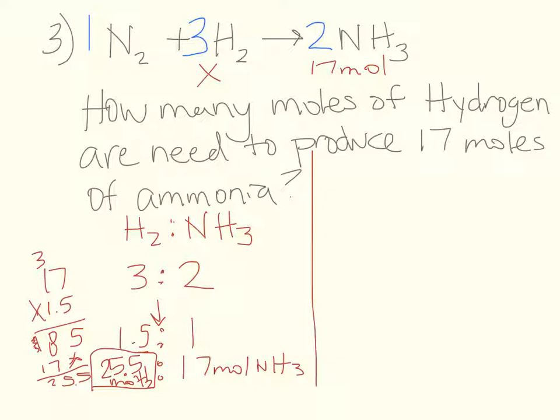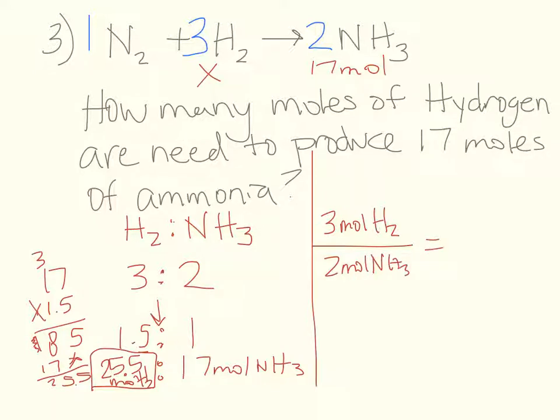So again, we need to use the ratio. We always use the ratio when we're working with moles from one thing in the reaction to moles of another. And so we've got 3 moles of hydrogen, okay, for every 2 moles of ammonia.